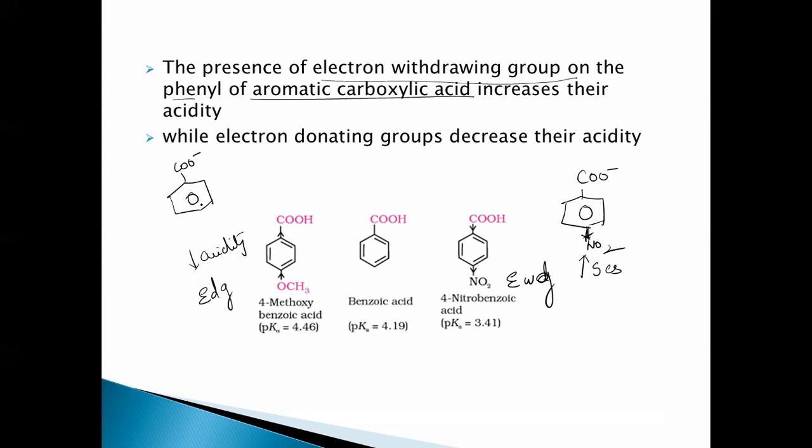This is a carboxylate ion and this is OCH3. That means it will give more electrons towards this carboxylate ion, already negatively charged, pumping in more electrons towards this ion, thereby destabilizing the ion. Therefore, this is the order of the acidity of aromatic carboxylic acids depending upon whether it is electron withdrawing or electron donating groups. Electron withdrawing groups on the ring will increase the acidity. Electron donating groups on the ring will decrease the acidity, evident from the pKa values also.